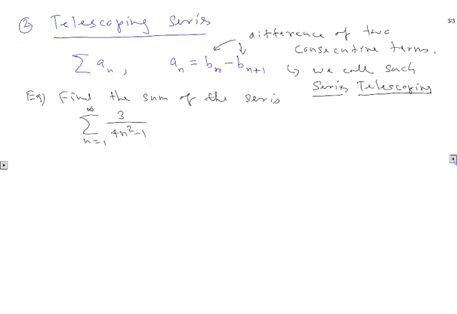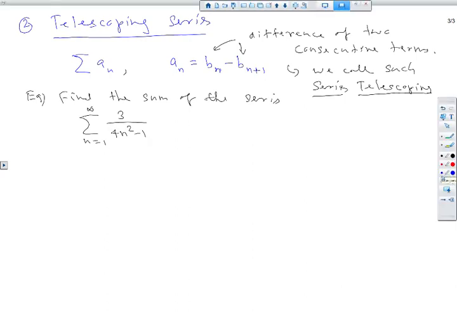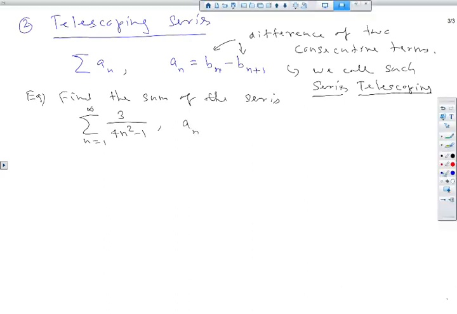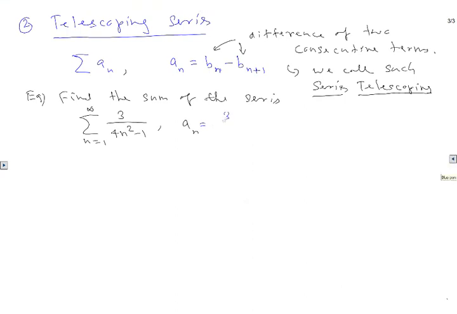Let's think about this. Right after you see the series, it doesn't look like anything pretty much. So what you do is you're going to factor the denominator. Let's look at the nth term. The nth term is 3 over 4n squared minus 1, and you can see that you can factor the bottom. What are the factors?